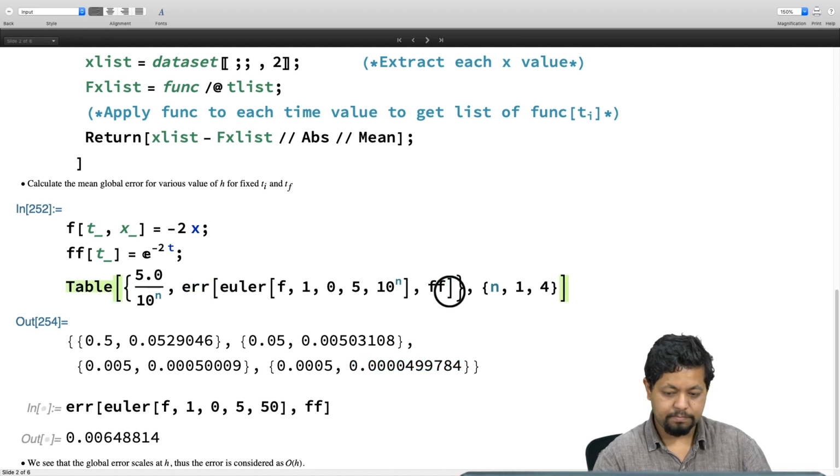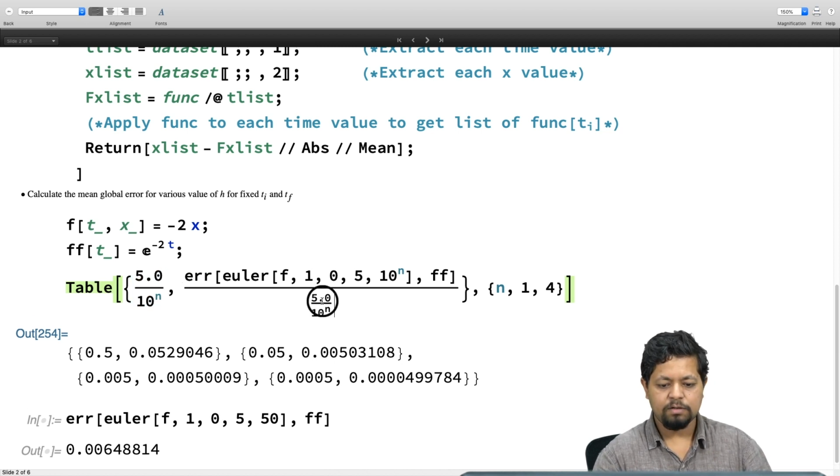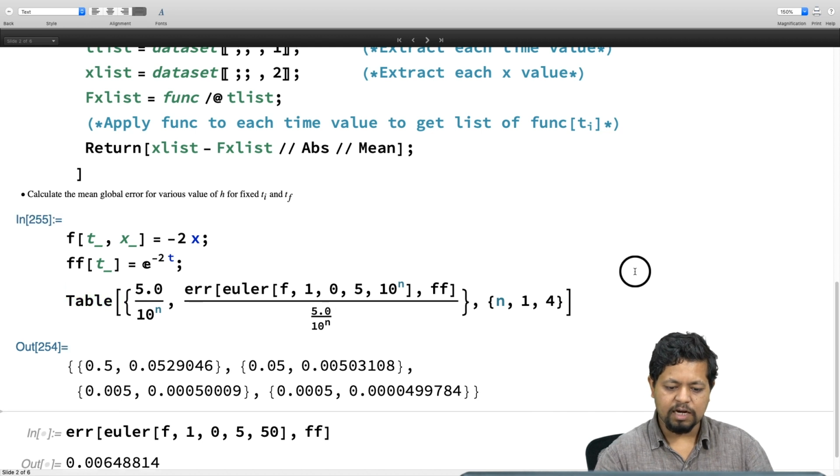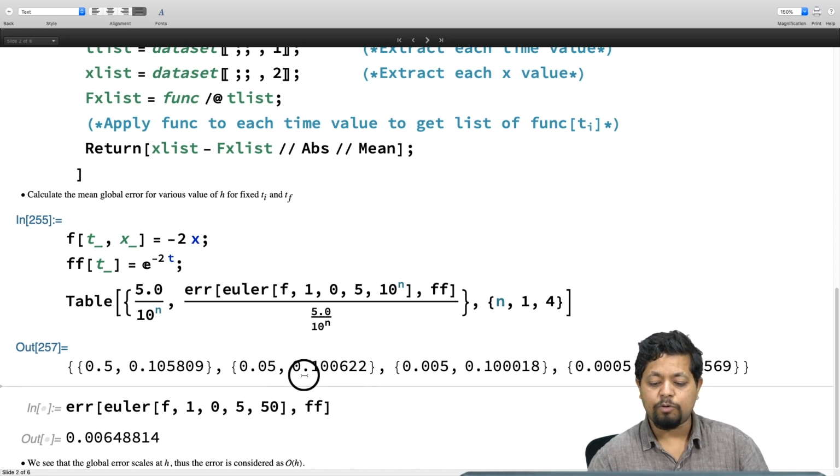If I divide this global error by the value of h, let me copy that and paste it over here. When I execute that, you see we're going to get approximately a constant. So for h equal to 0.5, we are getting mean absolute error by h as 0.1. For 0.05, also mean absolute error by h as 0.1, and so on. Even for h equal to 0.0005, I'm getting the same thing.